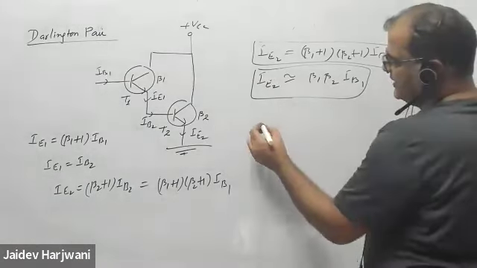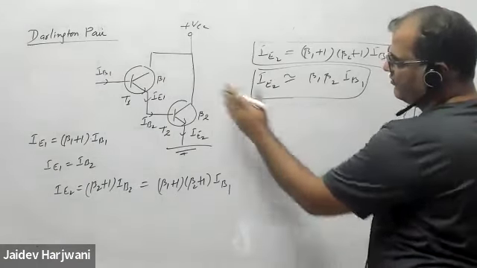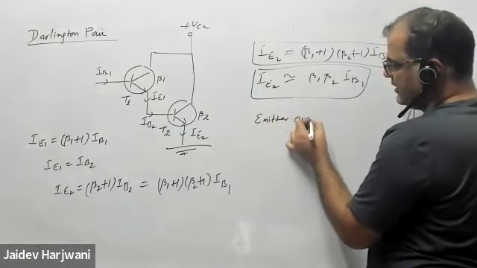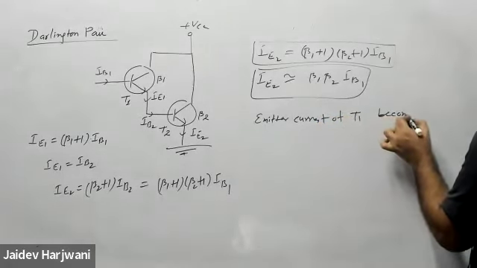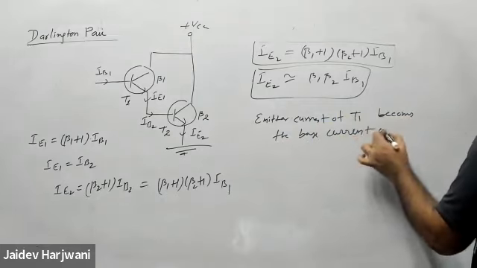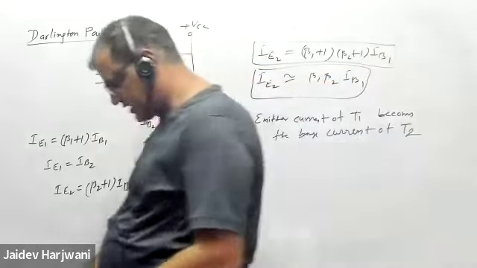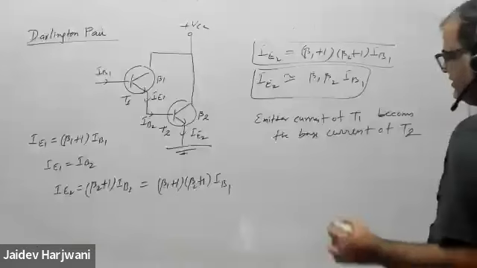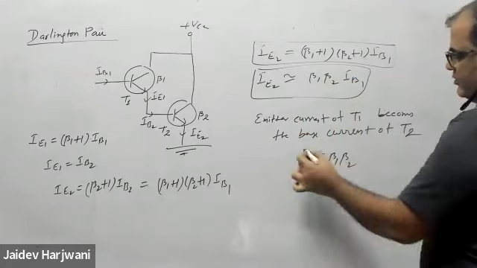The emitter current of T1 becomes the base current of T2, such that the total gain increases, and becomes beta 1 times beta 2.